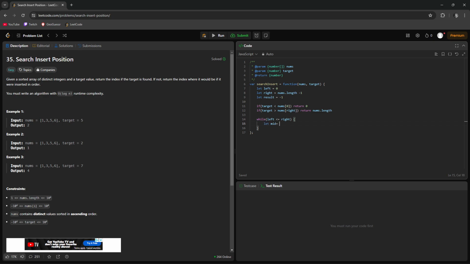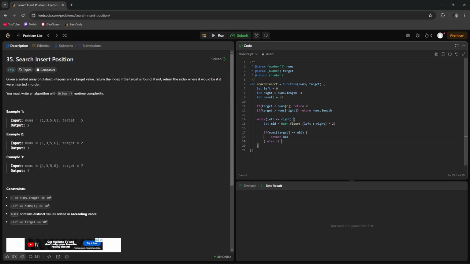let mid equal Math.floor((left plus right) divided by 2). If nums[mid] equals target, return mid.